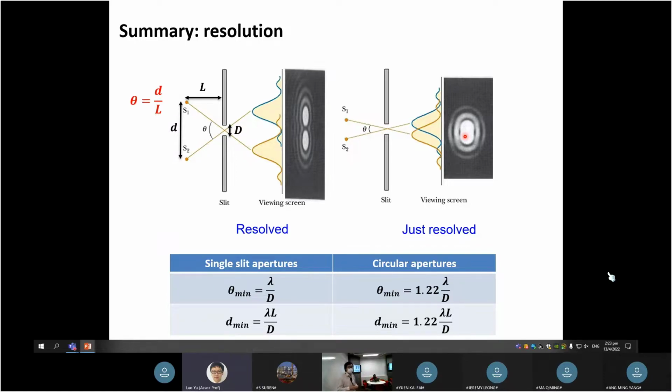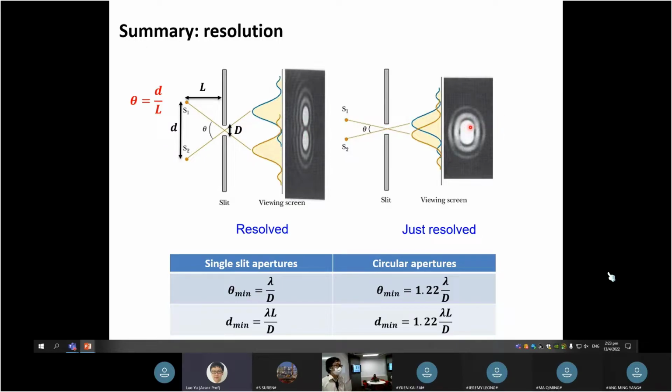Its resolution is limited by diffraction. So for any optical system, the two objects cannot be located very close to each other, because if they are too close, the images will not be well separated.